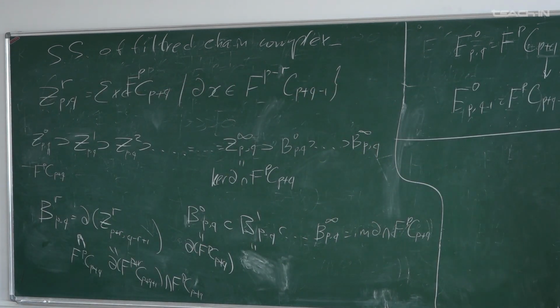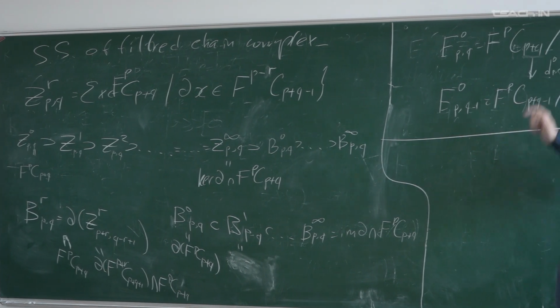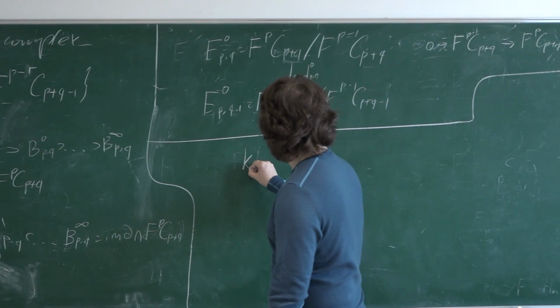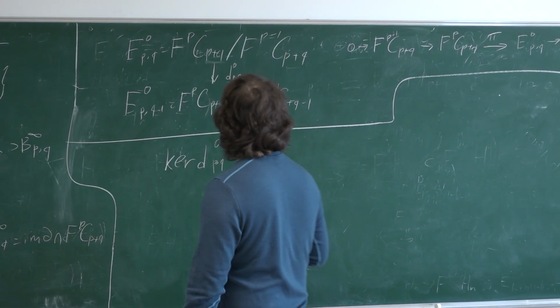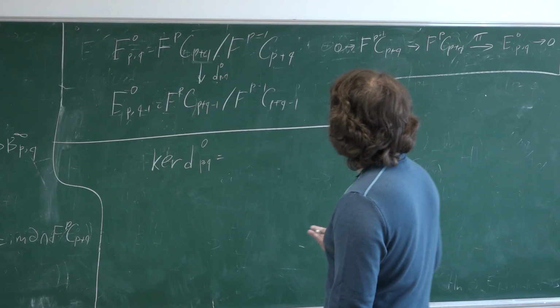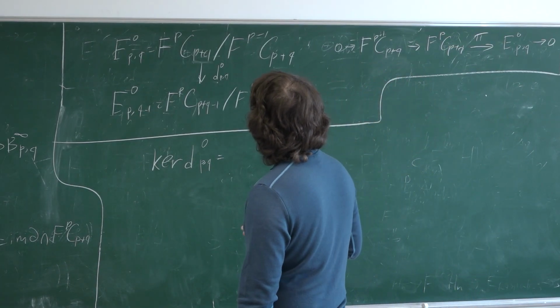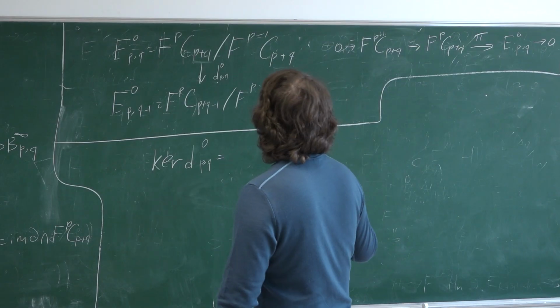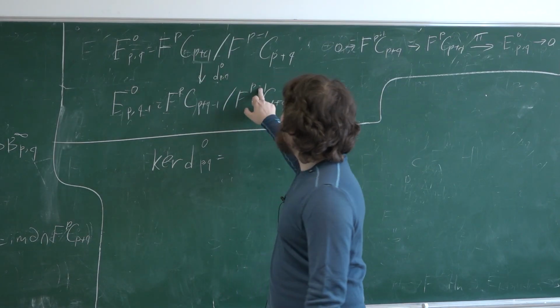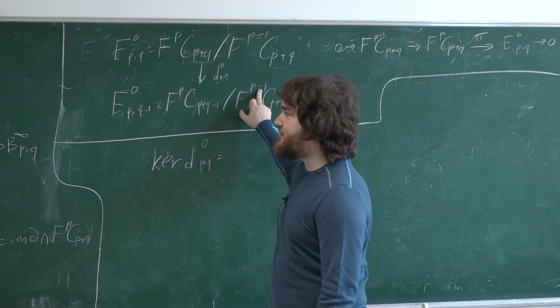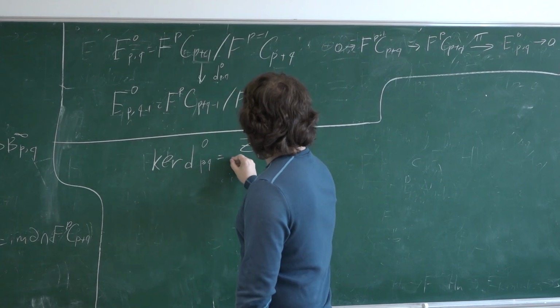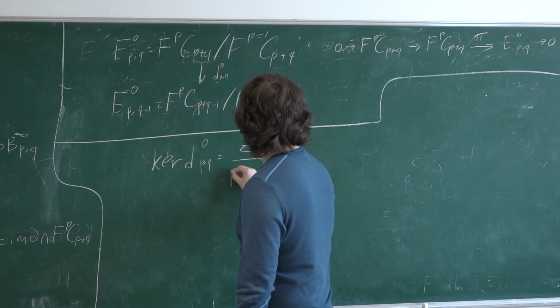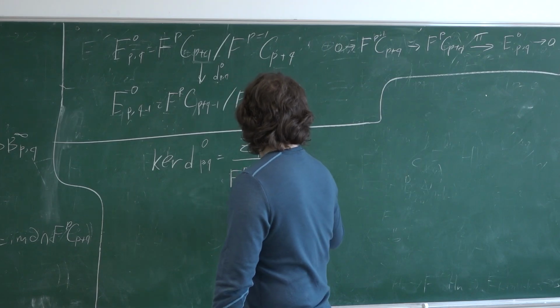Okay, let's return to this initial page. What's the kernel of this differential? It's such elements which go to the one below filtration. It's by definition Z1, Z1^{PQ}, modulo what I have if I consider it in this module, modulo this filtration itself.